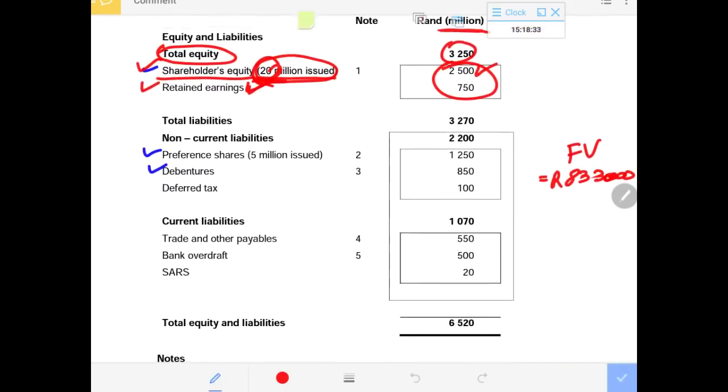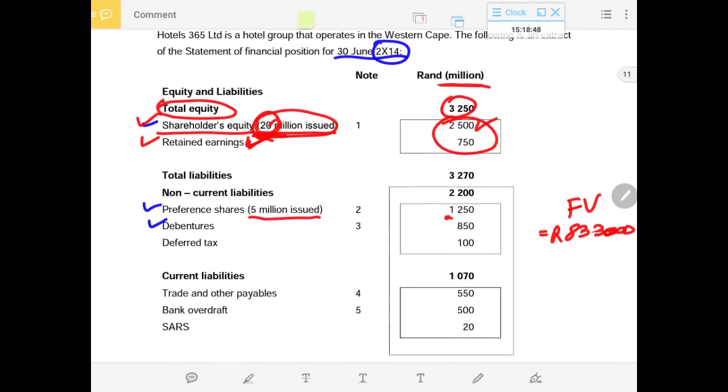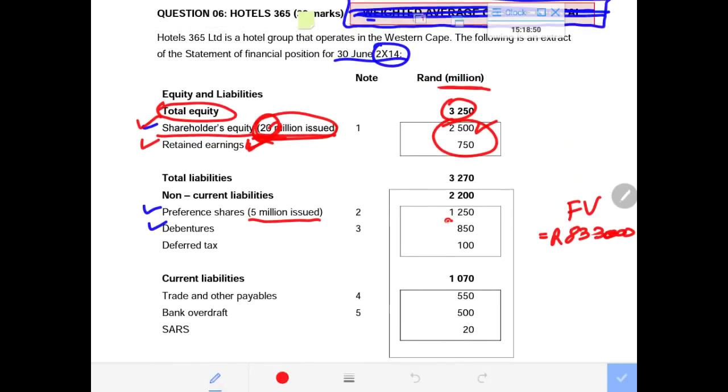Now with regard to the preference, we had 15 million shares that were each 5 million. That amounted to 1,250 million. Because our figures were in millions, it is 1,250 million, so we're supposed to have 3 zeros at the end. So I take everything into consideration.